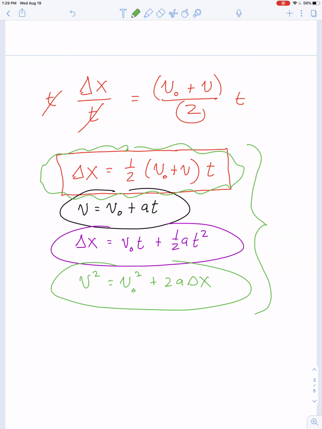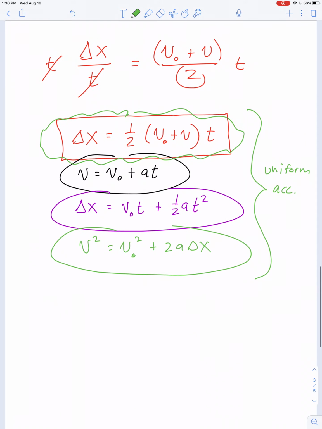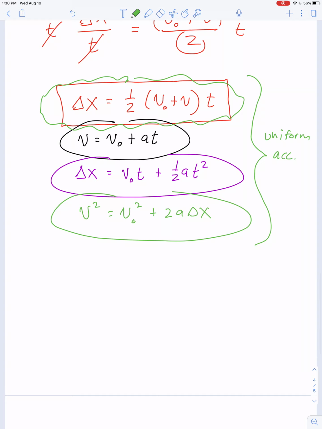These 4 equations only apply to uniform accelerated motion. However, as you know with the ruler drop experiment we did, when gravity causes an object to accelerate, the acceleration is indeed uniform. So there are quite a few examples in our world of uniform accelerations. And whenever we have that type of motion, we can apply these 4 equations.